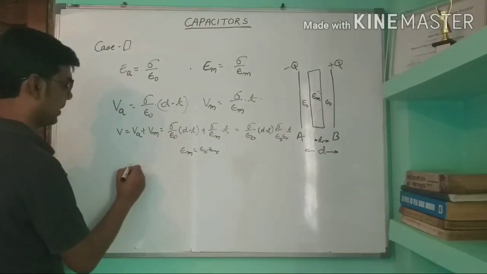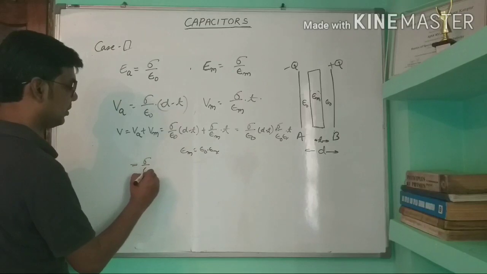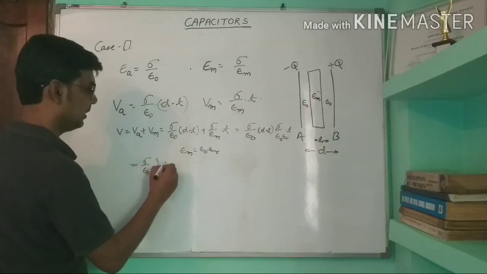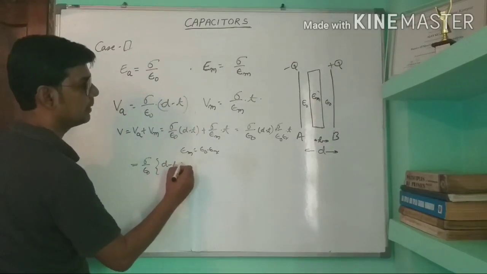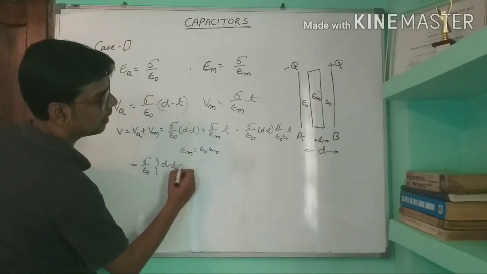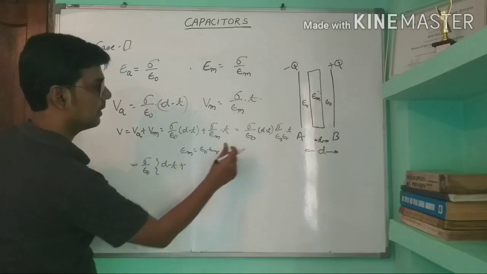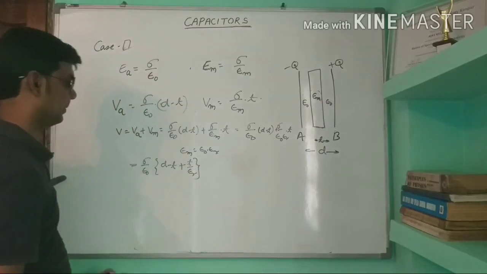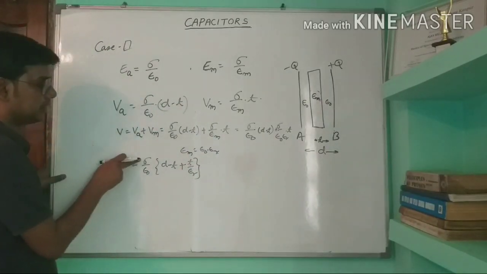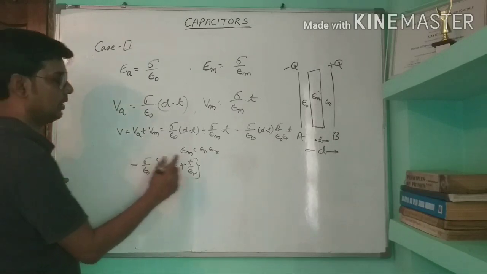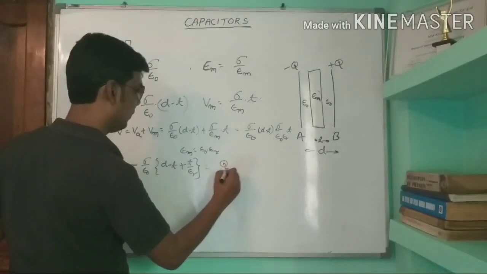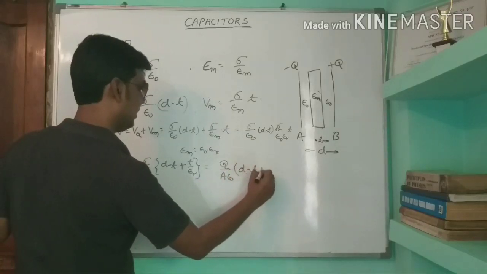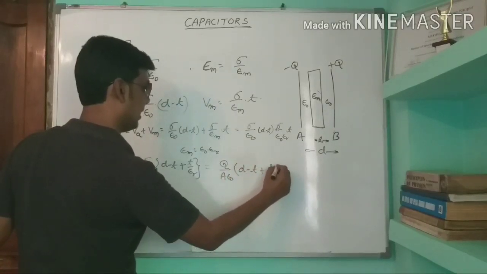Finally we have the potential as sigma by epsilon 0 into d minus t plus t by epsilon r. Now we can write Q by A instead of sigma, so it is Q by A epsilon 0 into d minus t plus t by epsilon r.